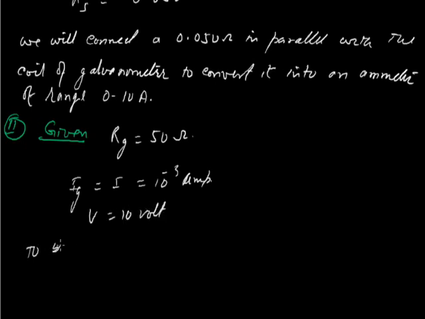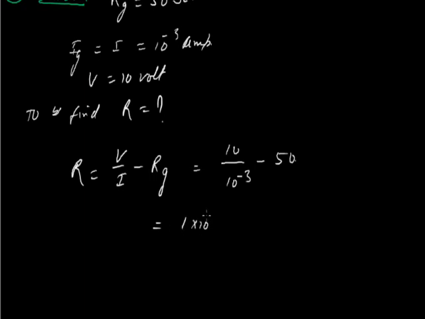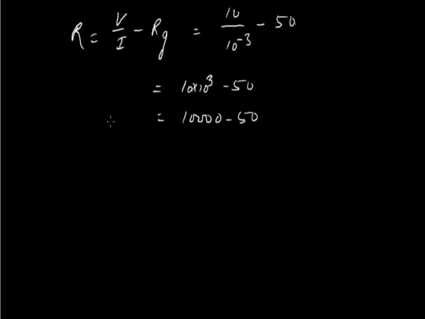To be found: the high resistance connected in series, that's R. The formula is R is V upon I minus Rg, that's 10 upon 10 raised to the power minus 3 minus 50, that is 10 into 10 raised to the power 3, which is 10,000, minus 50. So the value of R will be 9950 ohm.